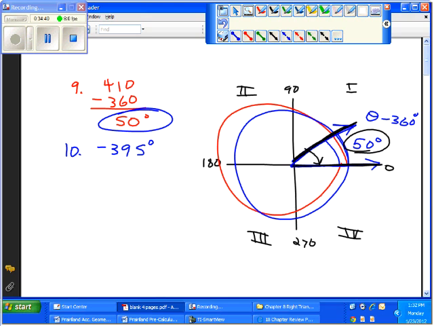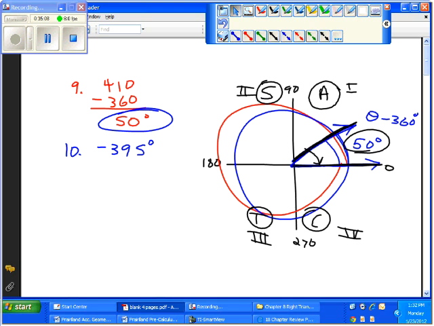The question is, will reference angles always be positive? And the answer is yes, because we're going to say, okay, the reference angle is 50, but then we're going to learn later that sine, cosine, and tangent are all positive in quadrant 1. And then we're going to learn that sine is positive in quadrant 2, and tangent is positive in quadrant 3, and cosine is positive in quadrant 4.